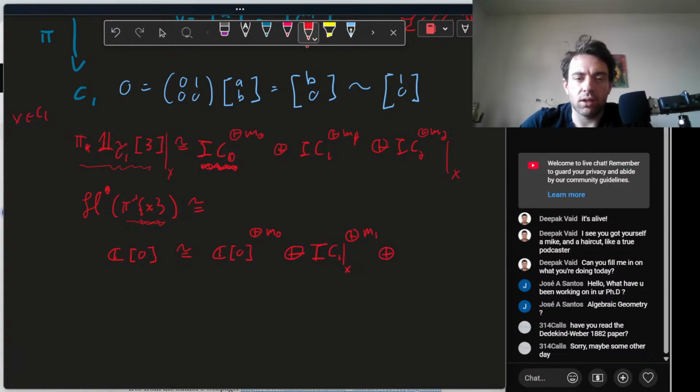And then IC2, remember IC2 was just the constant sheaf on the whole thing, shifted in dimension 4. And so when we take this stalk, we'll just get a copy of this vector space in dimension 4.